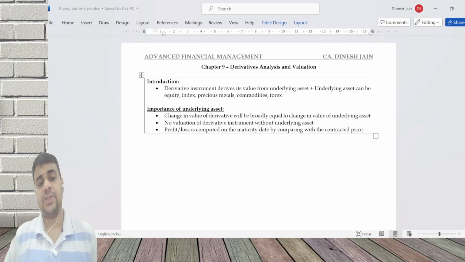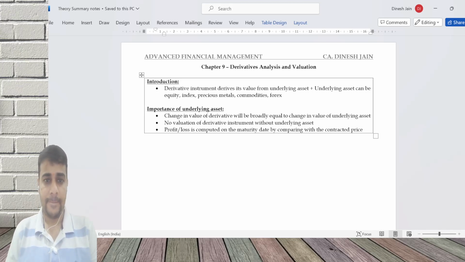The price on the maturity date again depends on the underlying asset. Profit or loss is computed on the maturity date by comparing with the contracted price. And this point should do.